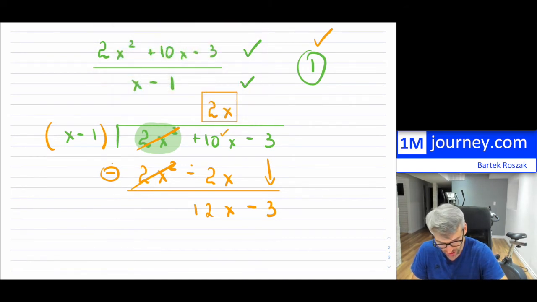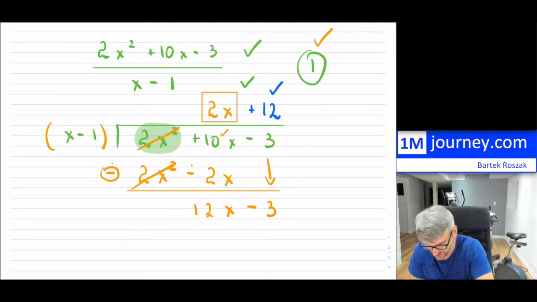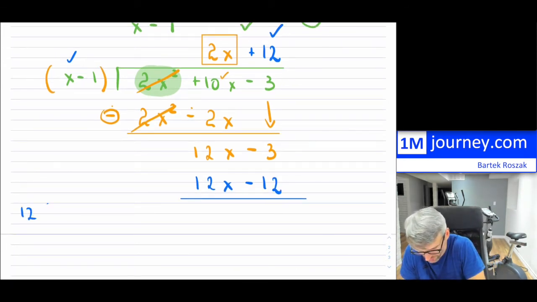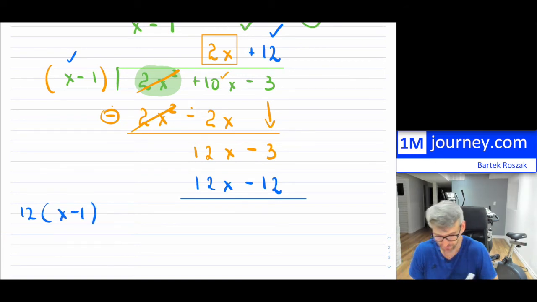So that's 12x. So now how should I do it? Well, it's going to be times, I guess, plus 12. Okay, so 12 times this x minus 1, it's going to give me 12x, and then minus 12.